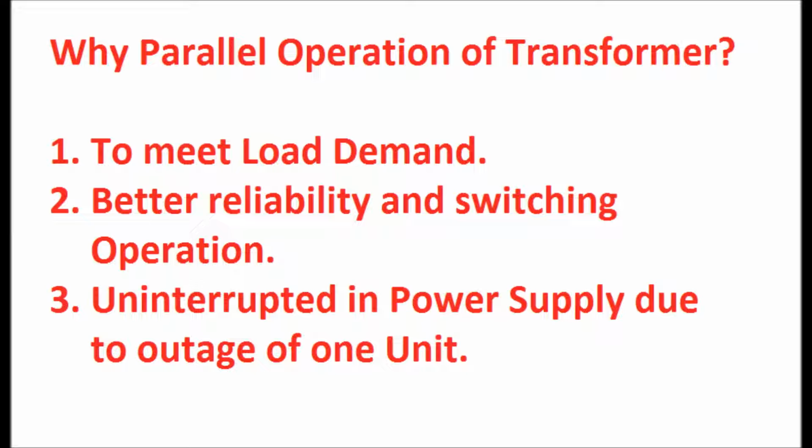Due to the LA burst, the differential relay will operate, and the HV side breaker and LV side breaker will trip, and the transformer will be in outage condition. So the other one or two transformers are sufficient to cater the load, and thereby uninterrupted power supply is possible despite the outage of one transformer unit.